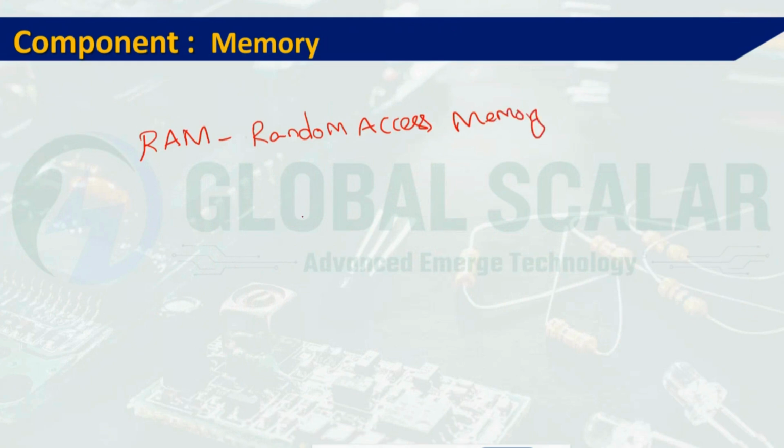It is a temporary storage memory, and it is used to store the data the process is currently working on. Whatever data we are currently working with is stored in it, and it is a volatile memory. Whenever the power is lost, the data will be erased.